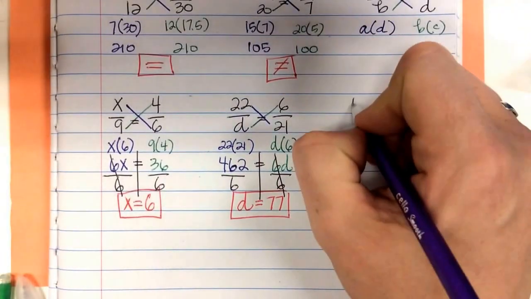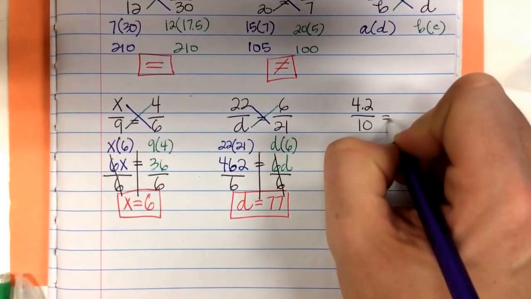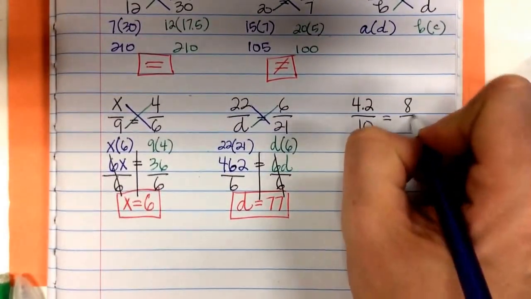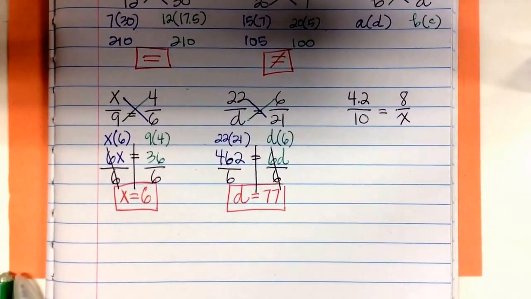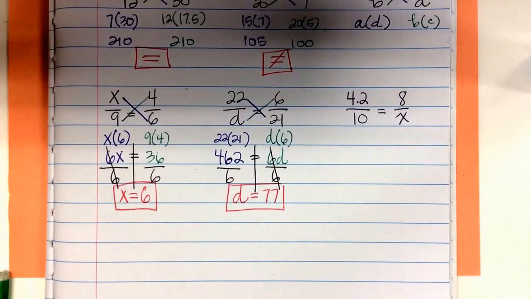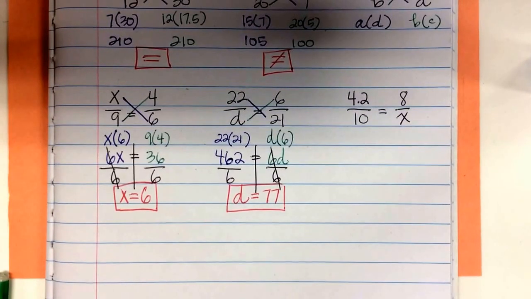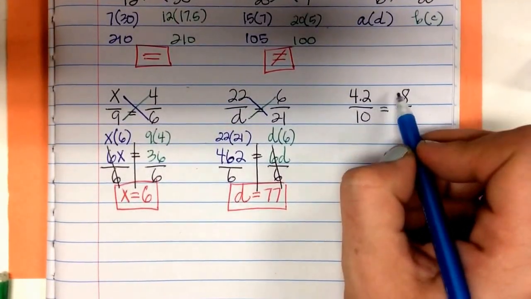Let's try one last one. 4.2 over 10 equals 8 over X. Cross product. What's my first cross product? 4.2 times X. Did anyone do 10 times 8 first?